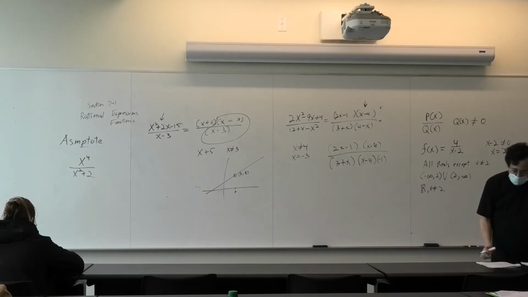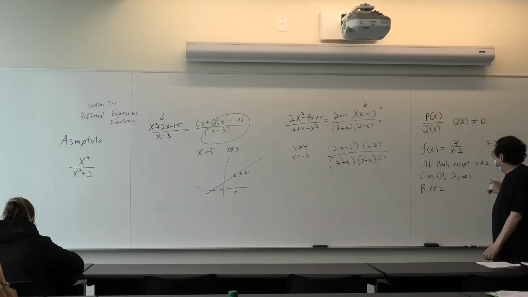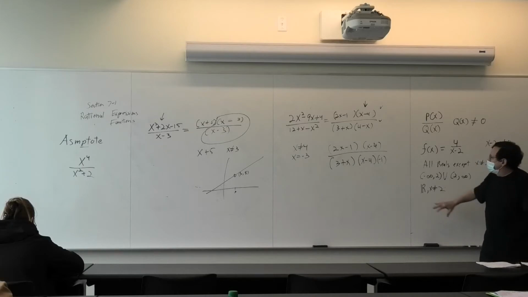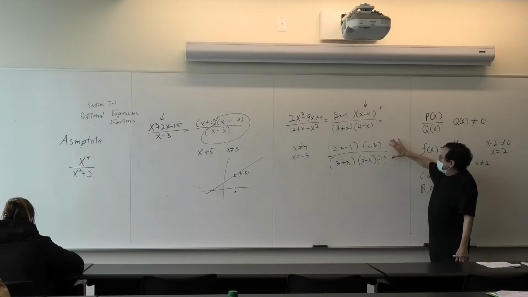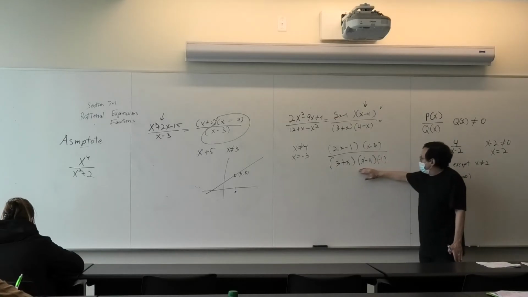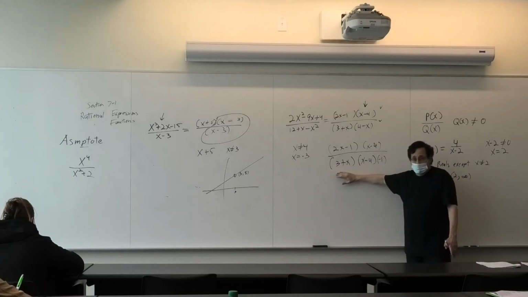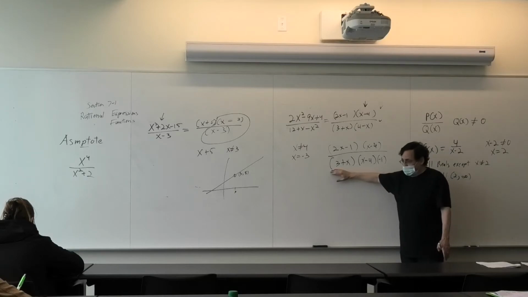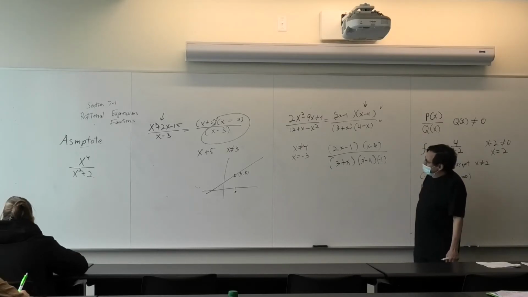Okay, so these are rational expressions. We need to know how to simplify them. We need to know that when the denominator is 0, the domain has to be excluded from that point.